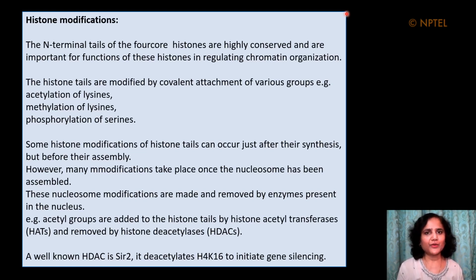A very well-known HDAC that many of you may have heard of is SIR2. It's a silent information regulator protein in yeast which is conserved in other organisms, and this enzyme deacetylates H4K16 to initiate gene silencing in yeast.